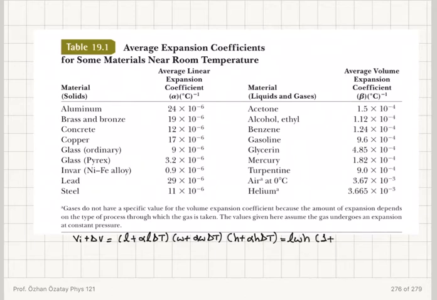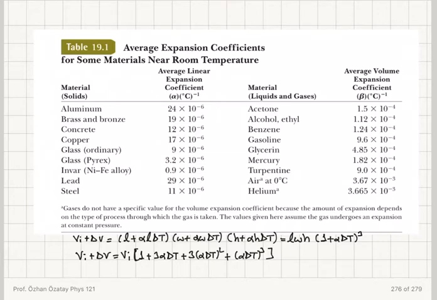This will be 1 plus alpha delta T cube. So I will find that V initial plus delta V is equal to LWH, or V initial, times 1 plus 3 alpha delta T plus 3 alpha delta T square plus alpha delta T cube by using the expansion of this polynomial.